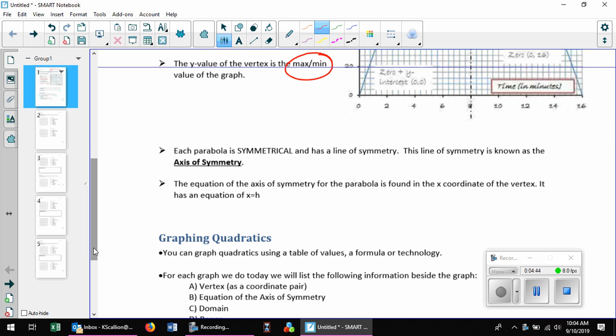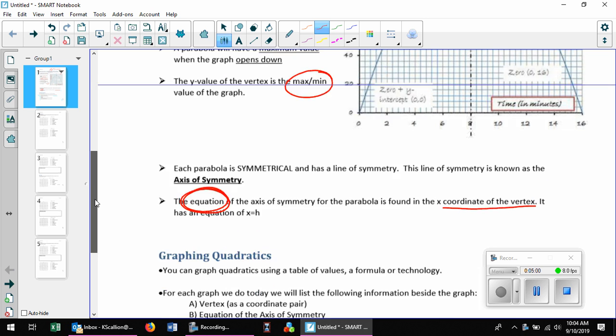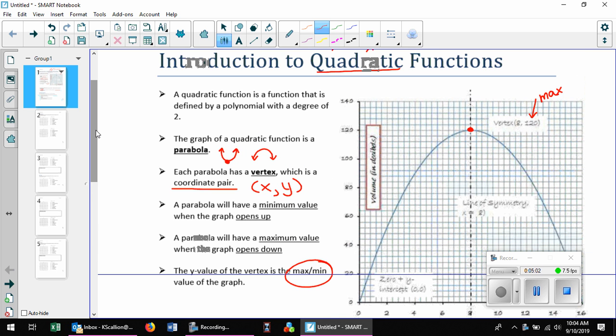Each parabola is symmetrical, we talked about that. It has a line of symmetry. Now, it has to be given to me in an equation. And the equation is the x-coordinate of the vertex. So we'll go back up to this graph. My line of symmetry, you guys remember this from grade 9? Of course you do.